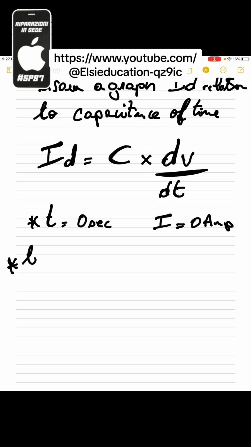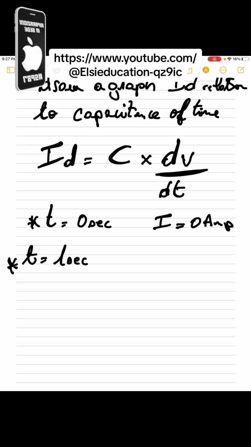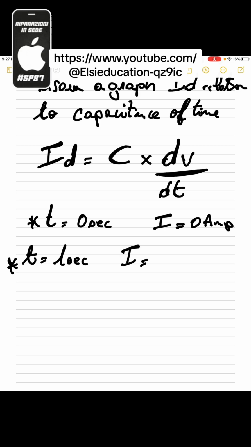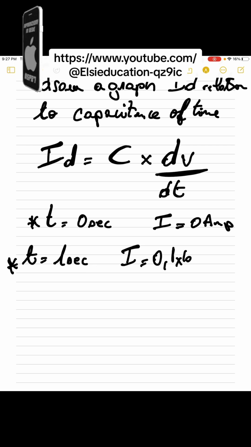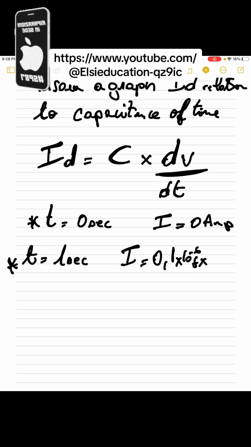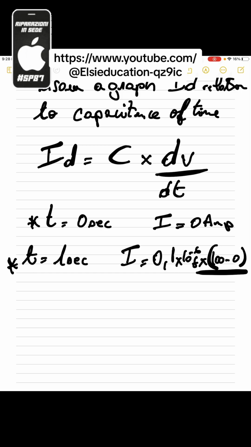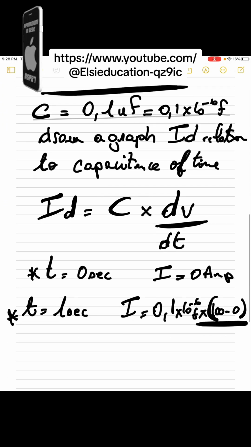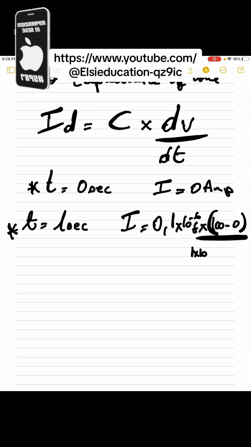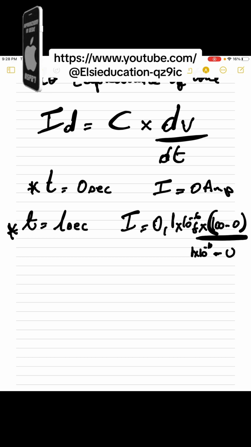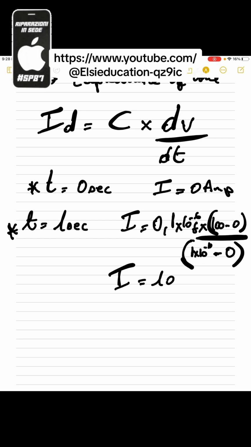And if time equals 1 second, current will be equal to 0.1 times 10 minus 6 farad multiplied by 100 volt minus 0 volt divided by 1 times 10 minus 6 minus 0. And current will give us 10 amp.